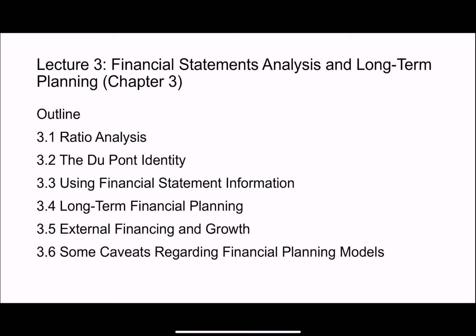It looks at the information from financial statements and makes sense out of it. The way to make sense out of financial statements is to create some metrics, some parameters or indicators that will try to address various areas of performance of the firm. And that's where ratio analysis comes into play.